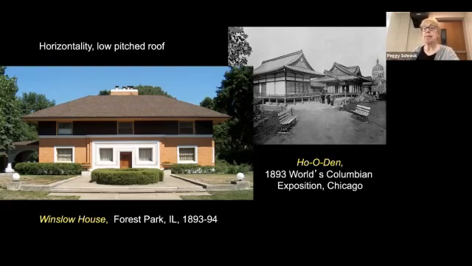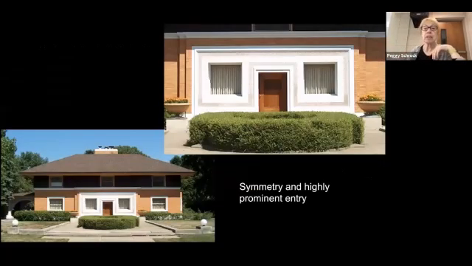One of the buildings, the main building, was called the Ho-o-den. He saw that and was very influenced by the Japanese design, the low profile, the angle of the roof line. All of this is going to feed into his architectural style.